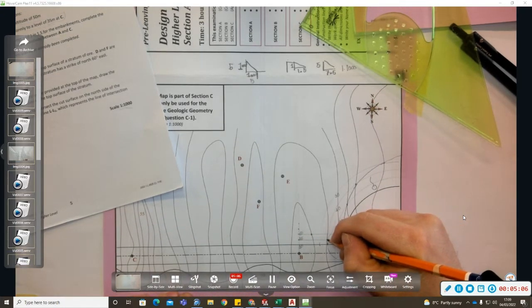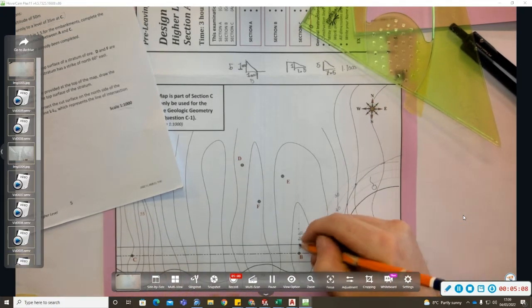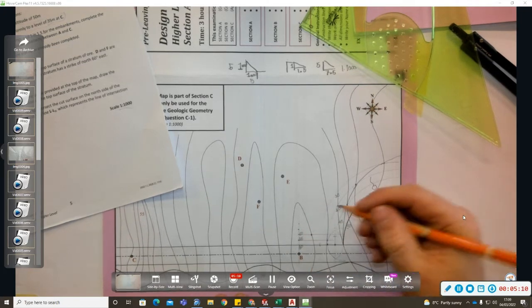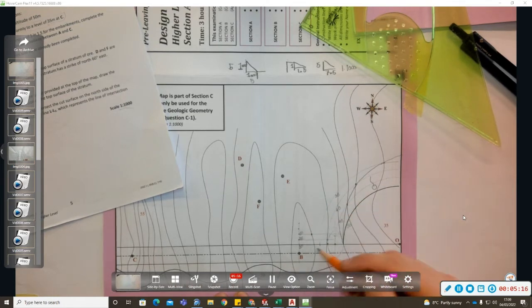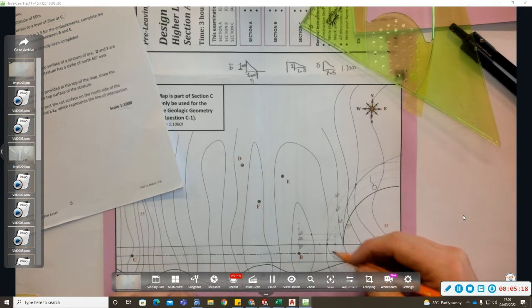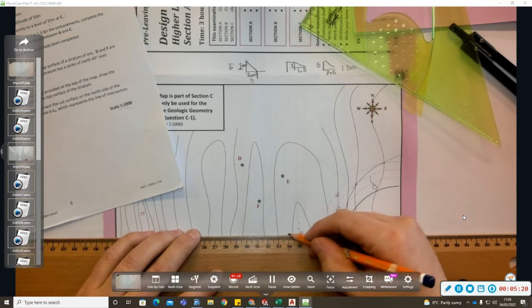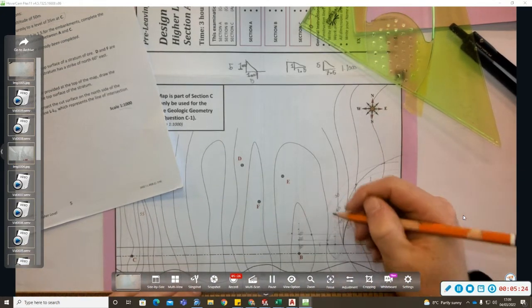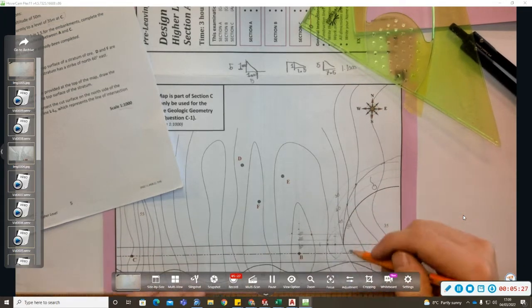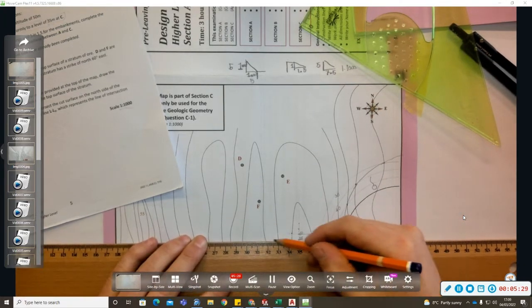There we go, and then there's back at 50 there, and I've got another 60 here, 55.